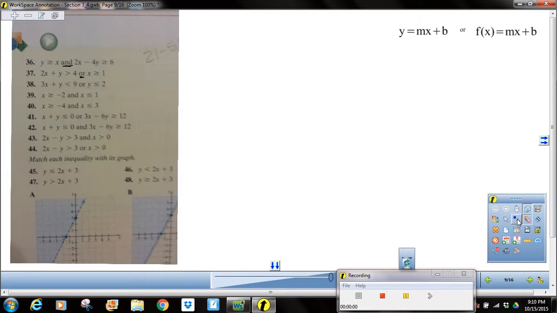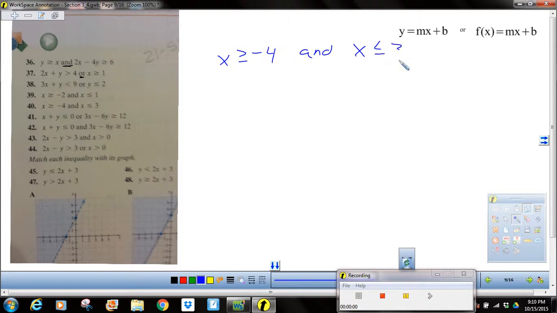Number 40. Both of these are already solved for x. They are not slope-intercept form. They don't have a slope. They're undefined, so it's vertical. The first one is vertical at 3. Well, actually -4 over here. It's solid because it has the equal to part.